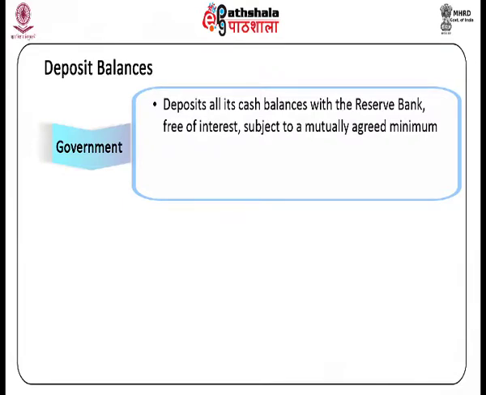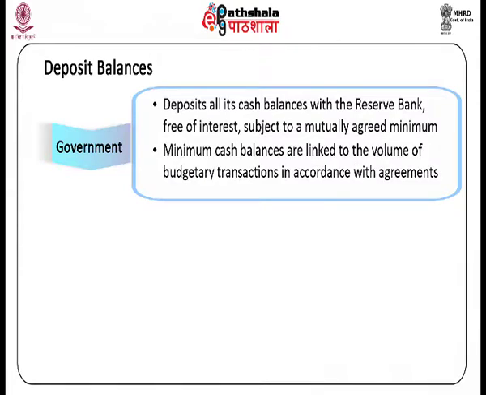The central government deposits all its cash balances with the Reserve Bank free of interest, subject to a mutually agreed minimum under Section 20 and 21 of the Reserve Bank of India Act 1934. Minimum cash balances of the state government are linked to the volume of budgetary transactions in accordance with agreements under Section 21A.